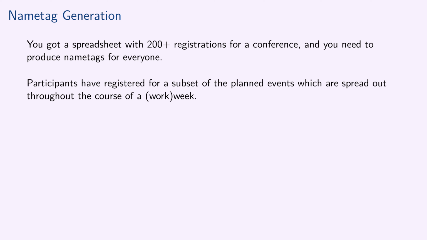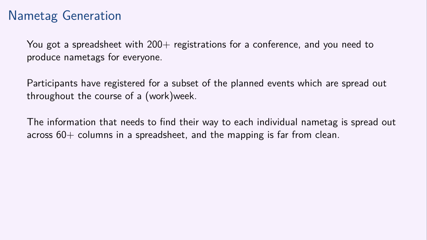They had registered for a subset of some planned events, and those events were spread out across a work week, and participants had registered for a subset of these. So yeah, let's continue.